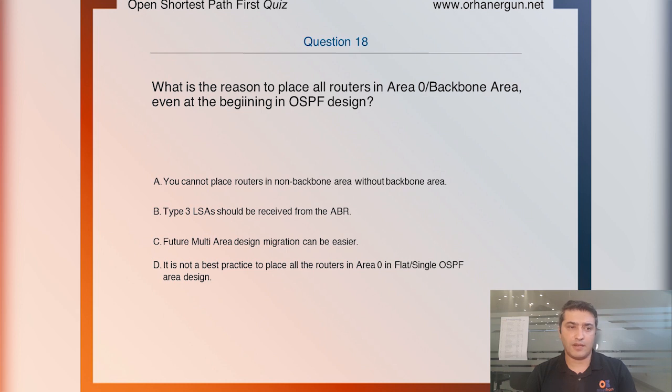What is the reason to place all routers in area 0, the backbone area, even at the beginning of OSPF design? Even if we are designing a greenfield OSPF network, which means we don't have anything, we are now designing the network, can we just place all our routers in, let's say, a non-backbone area?